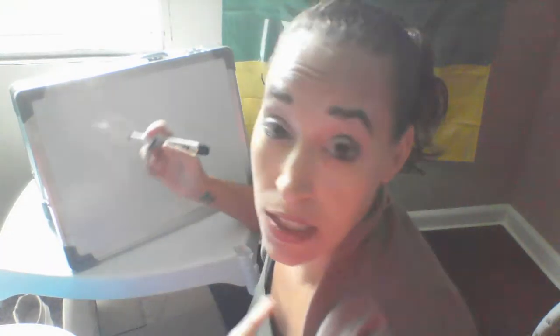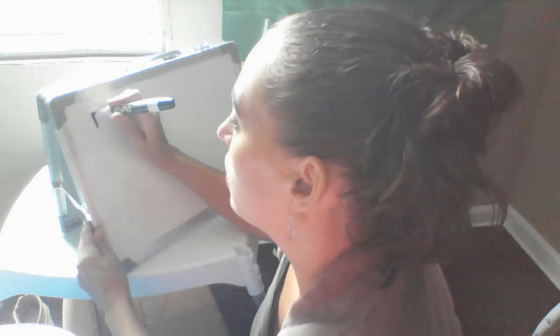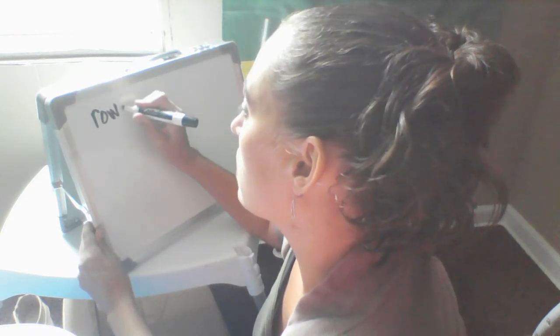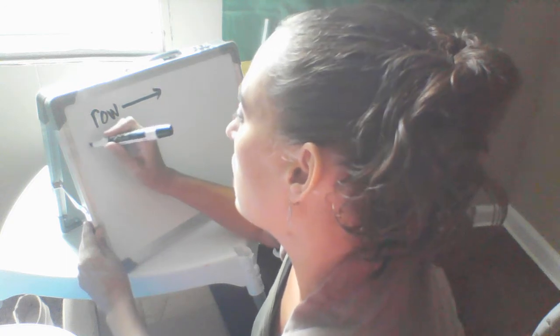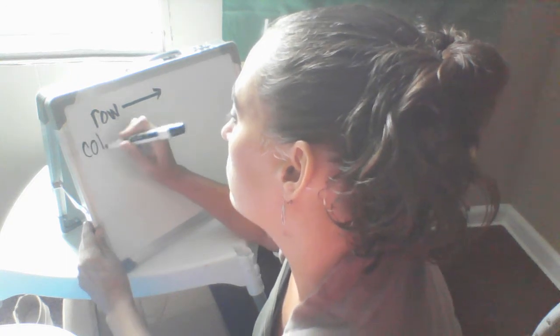So, for instance, the first way I automatically think of is a 1 by 6. And when I say a 1 by 6, you need to think of rows and columns. So a row goes this way, and then you have the column.